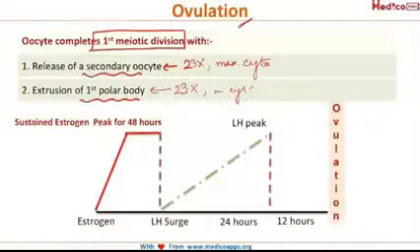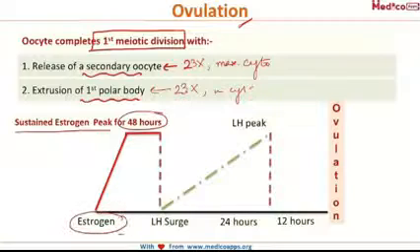And the basic thing that is required for ovulation to occur is a sustained estrogen peak for around 48 hours. Because I told you that this estrogen has a positive feedback action on the LH, and thereby it will lead to the LH surge. So, with a sustained peak of estrogen, the LH starts rising, and this LH peaks in another 24 hours.